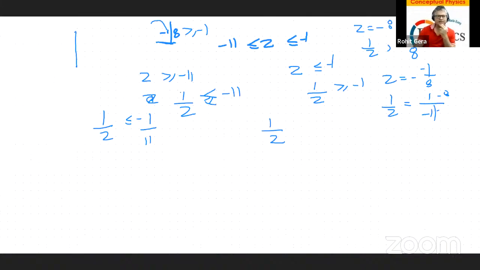So that means 1 by z in our case lies between -1 and -1 by 11. You invert it, this is ours, right? Yes sir, correct.